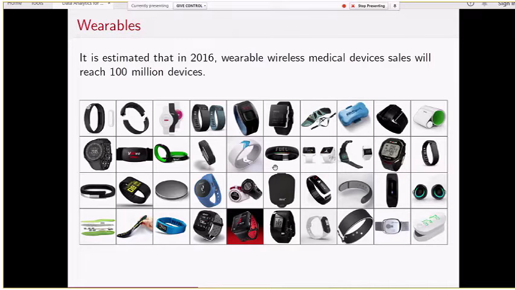Currently we are seeing many phenomena pushing data generation in healthcare to a different level. Sales of wearable wireless medical devices are increasing, and most of us have embedded sensors in our mobile devices that monitor some physical characteristics about ourselves.